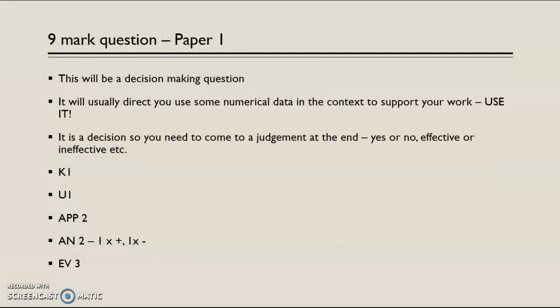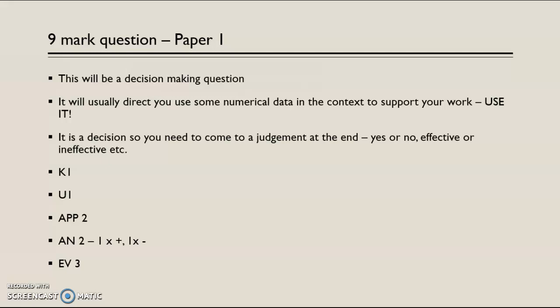Okay, so the last slide here covers the 9-mark question in paper 1. So in your 3 case studies, you'll have those scaffolded questions. In the last question, there will be a scaffold question, but there will also be a 9-mark question. Okay, and it is a decision-making question.